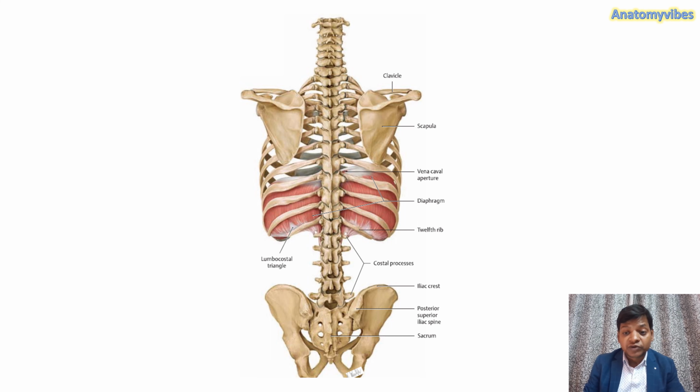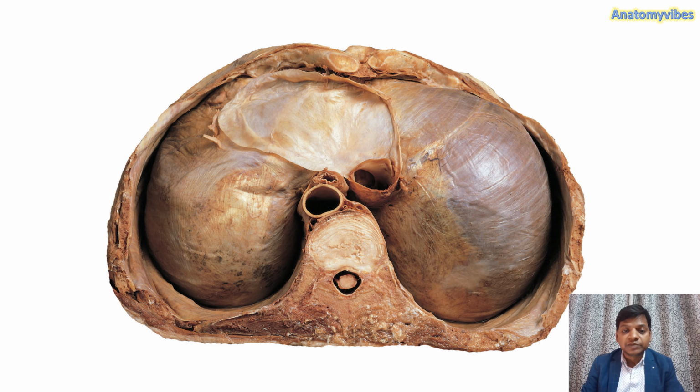Further in this image you can see the superior view of diaphragm. You can see both sided muscular part of diaphragm. This is known as domes of diaphragm, right and left domes. Central part is tendinous, and you can see that some fibrous structure is present over the tendinous part.